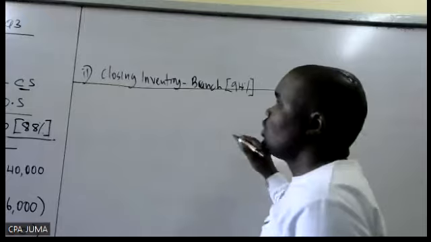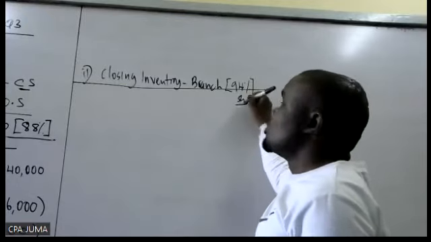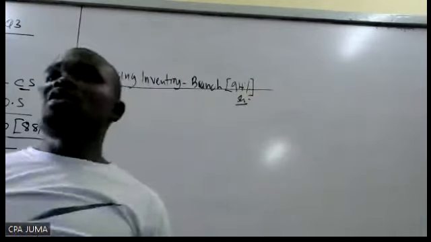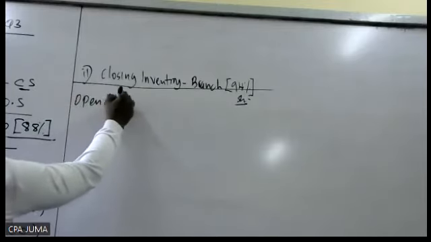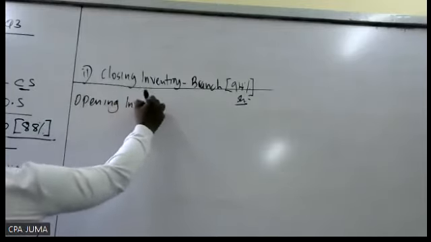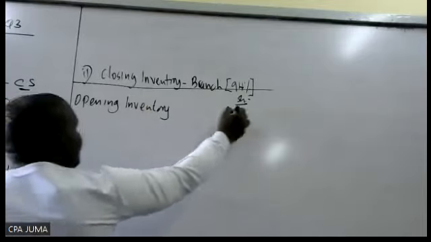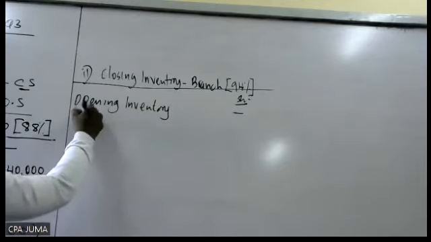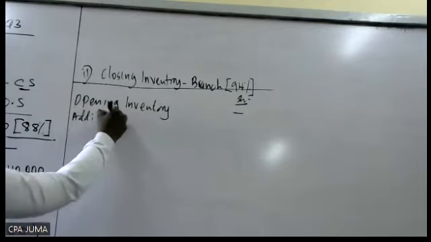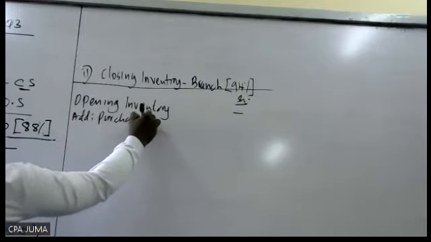So we start. There was no opening stock, so opening inventory: nothing. Then add purchases. There were no purchases in the branch.